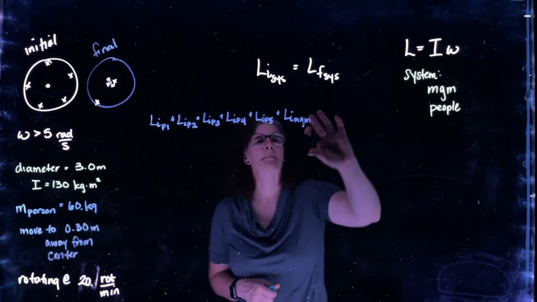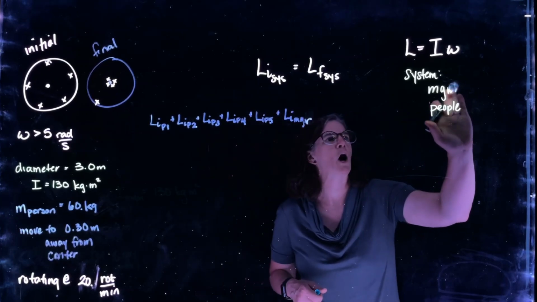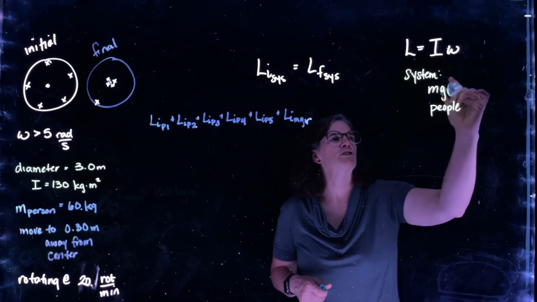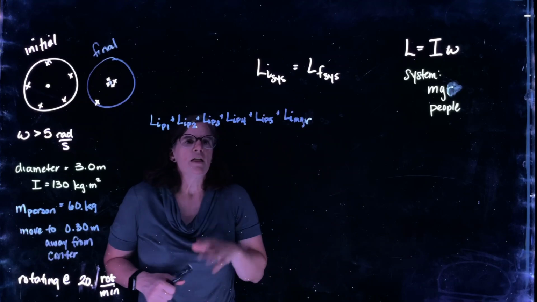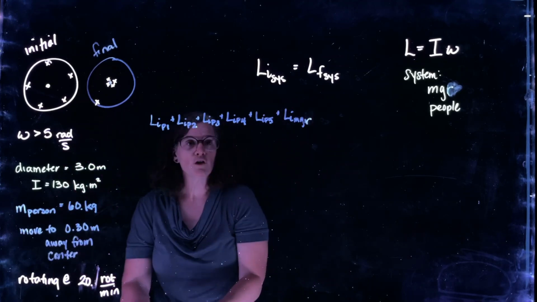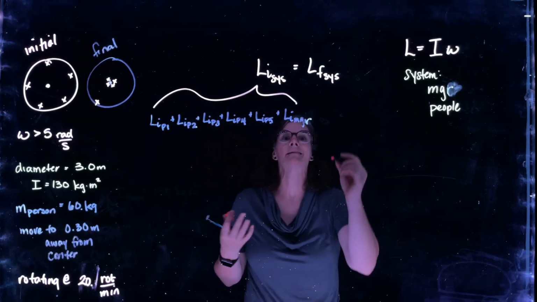Okay, I don't know why I'm calling it MGM. It's a merry-go-round. It should be MGR. Let's change that, MGR. All right. That is our full system. So all of these pieces make up the system.